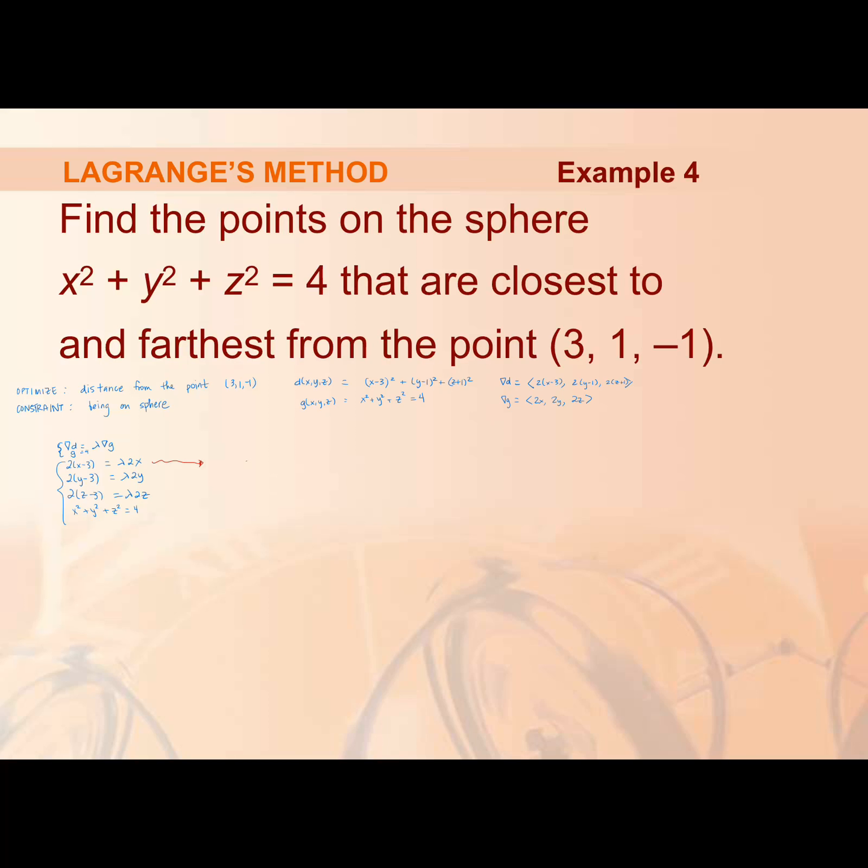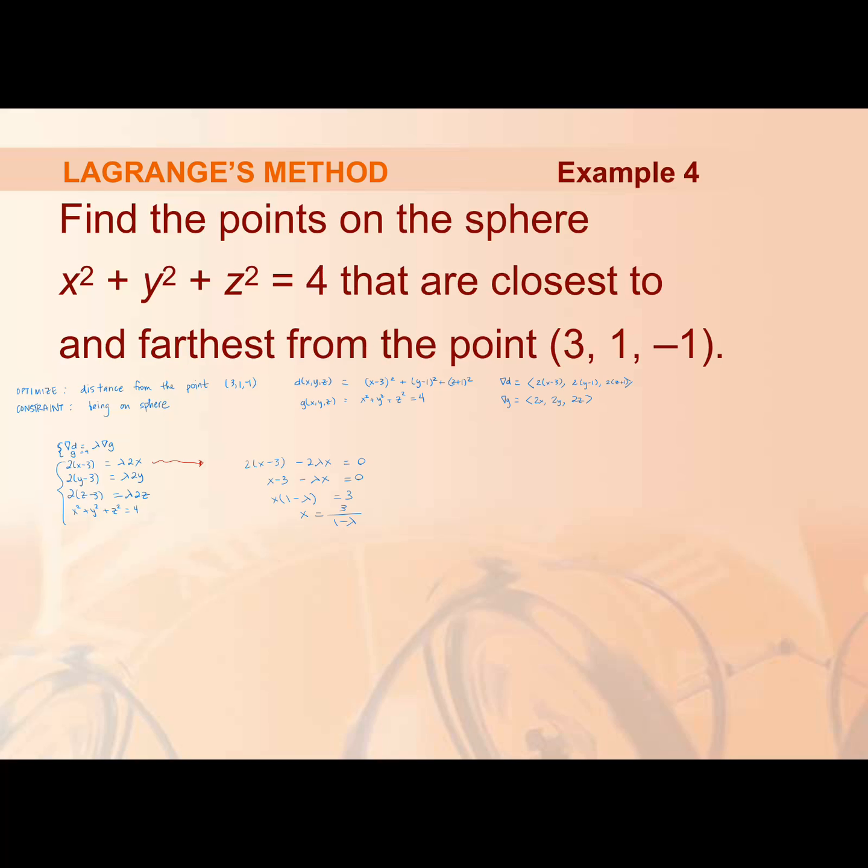So if I have 2 times (x minus 3) minus 2 times lambda x equals 0, divide by 2. Now it's x minus 3 minus lambda x equals 0, and x times (1 minus lambda) is equal to 3. So x is equal to 3 over (1 minus lambda).